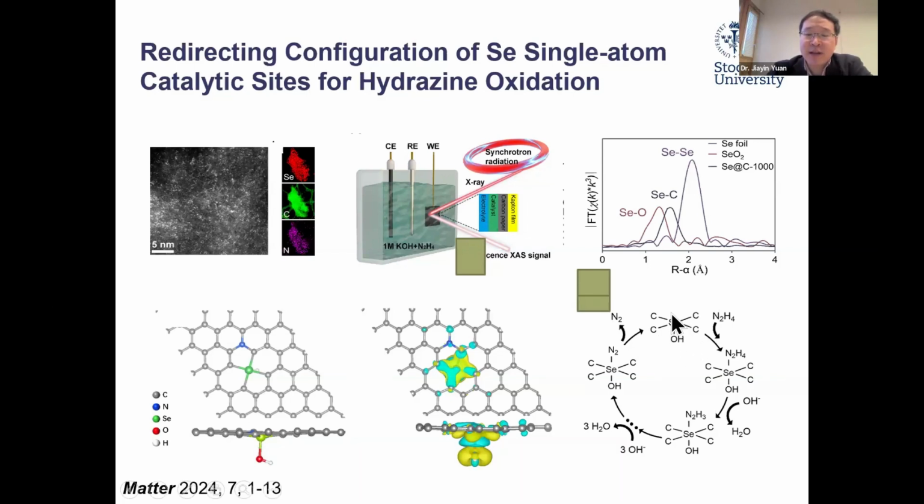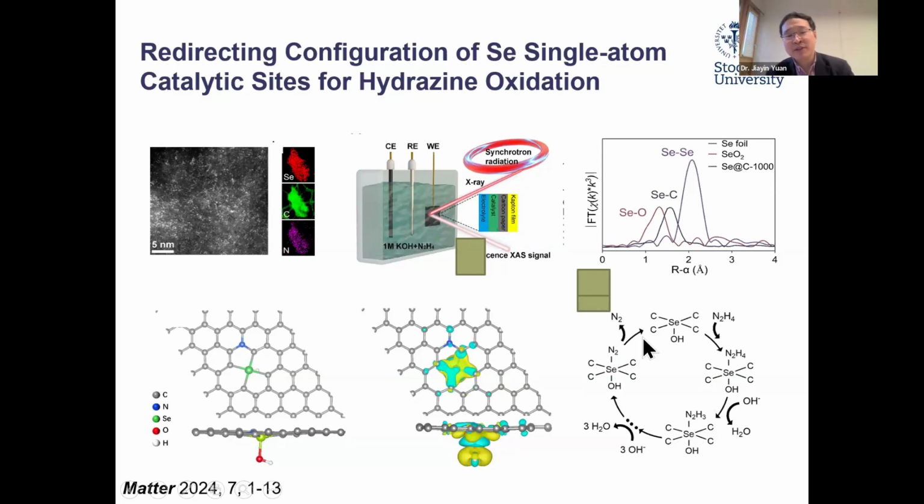And this activates the selenium to open the other orbital to accept the hydrazine. Once the hydrazine is adsorbed here, under multiple steps of electron transfer and proton transfer, it ends up as a di-nitrogen species that eventually leaves as nitrogen gas. And this recovers the active site to undergo the reaction.